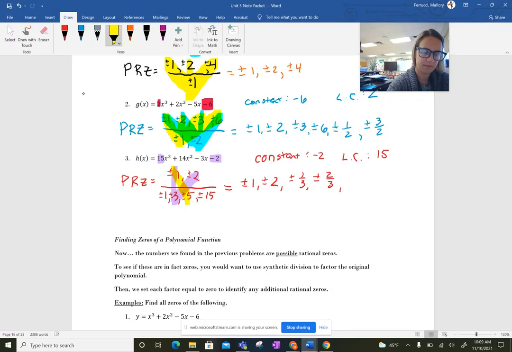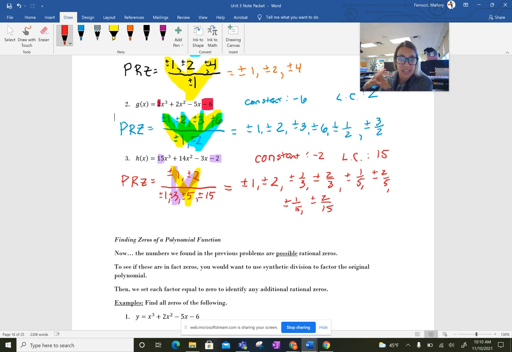Do the same thing for 5, and you get plus or minus 1/5, plus or minus 2/5. And then last but not least, the denominator of 15. So plus or minus 1 over 15 and plus or minus 2 over 15.